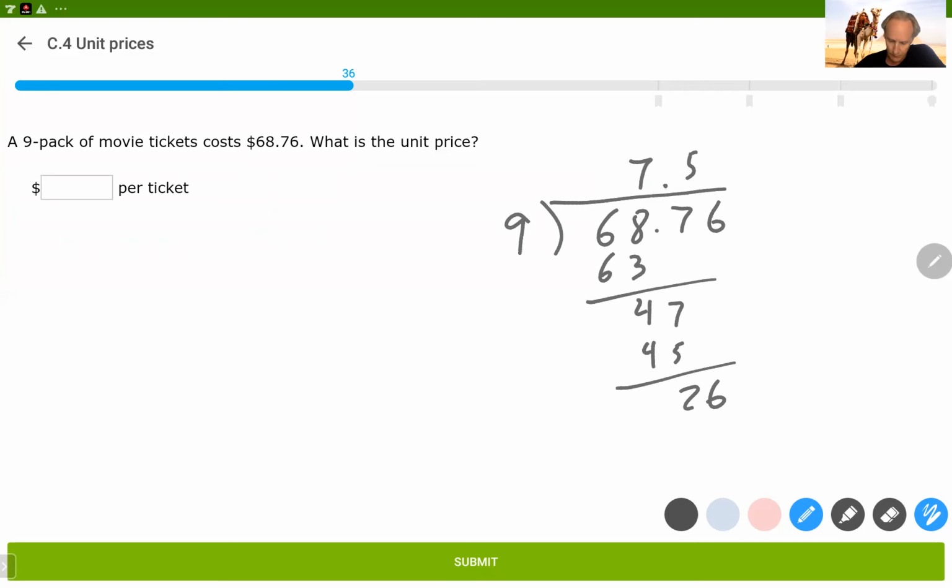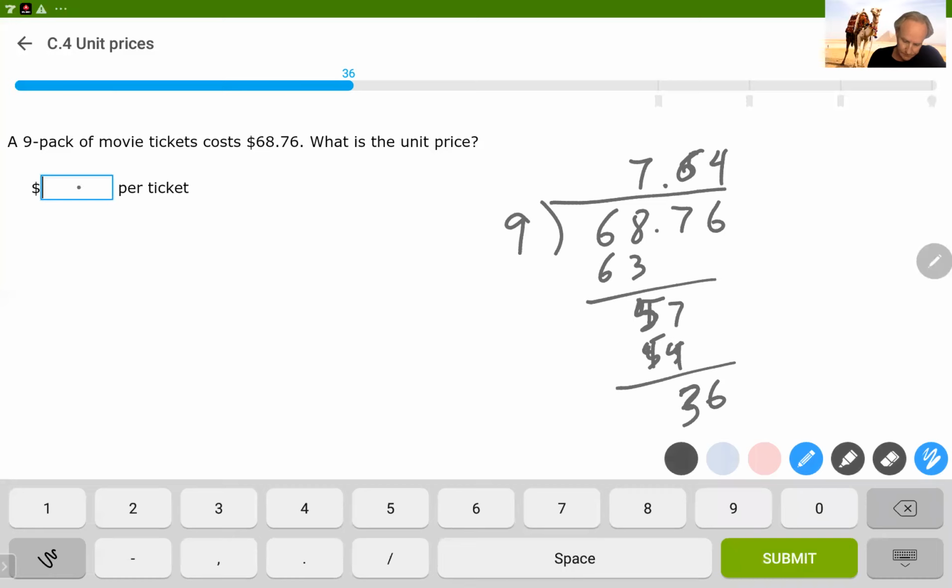Did I make an error? 7 times 9 is 63. Oh, there's our problem. That's 57. Still, that's 6. Sorry about that. That's 54. And now it's 36, which is 4. $7.64 per ticket.